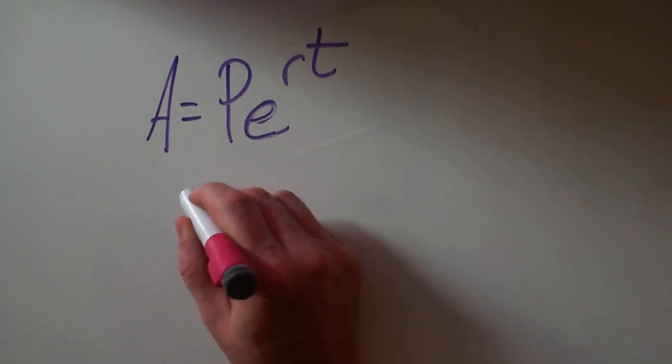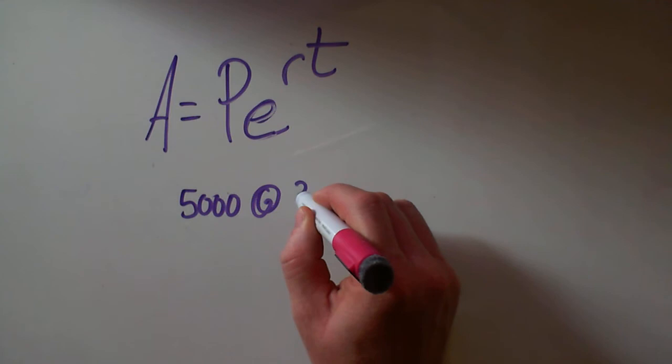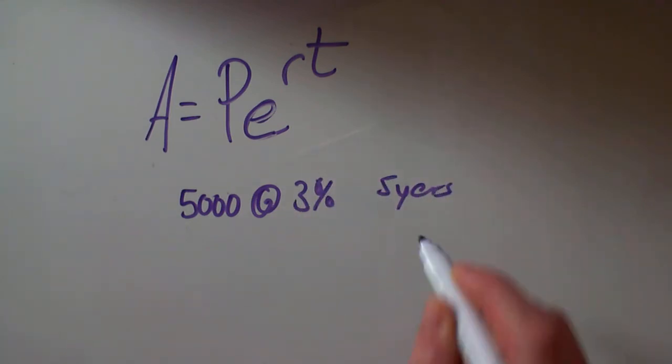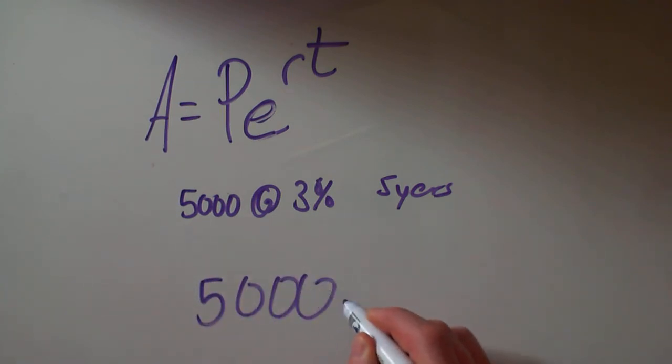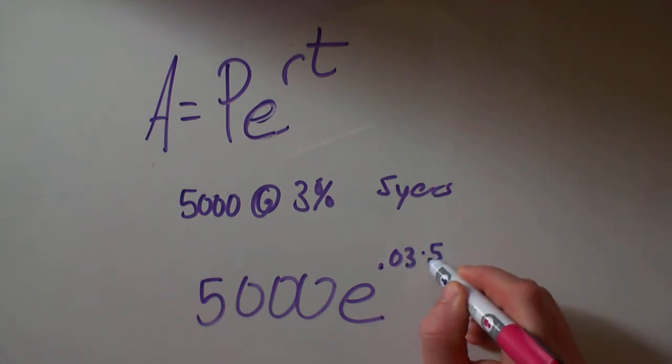So if we're looking at 5,000 at 3% again for 5 years, we just plug that in as 5,000 e to the 0.03 times 5.